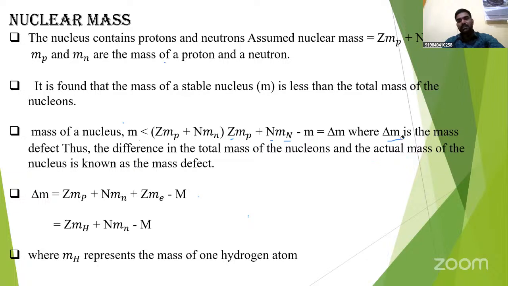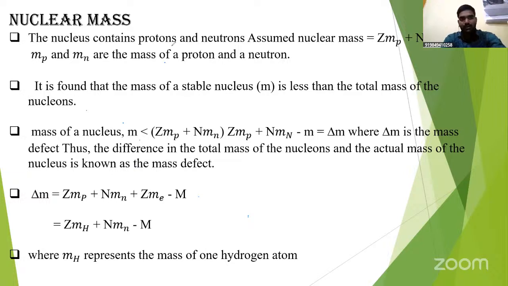You have to remember that the nucleus mass is nothing but the protons and neutrons mass, but there is some energy which binds the protons and neutrons. That energy is reflected in the difference between the nucleus mass and the nucleons mass, which is called the mass defect.